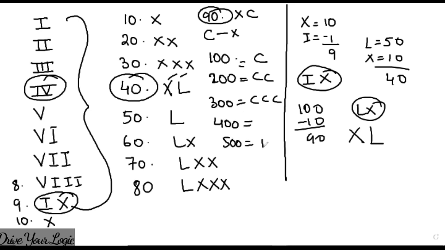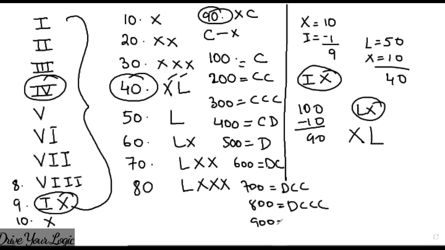For that you need 500. D is 500, so 500 minus 100 is 400, that's why CD. In this way, the process will continue. So till 1000, you can all write very easily. So 600 will be DC, 700 means DCC, 800 means DCCC.